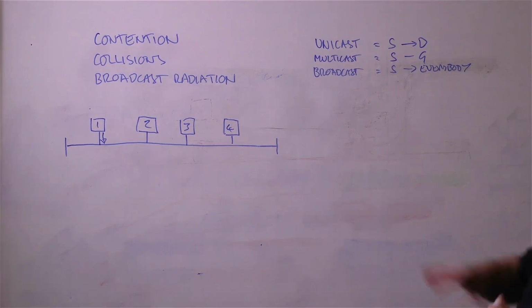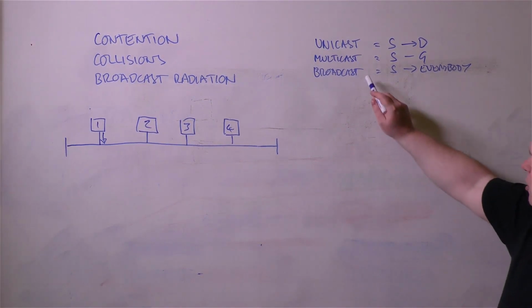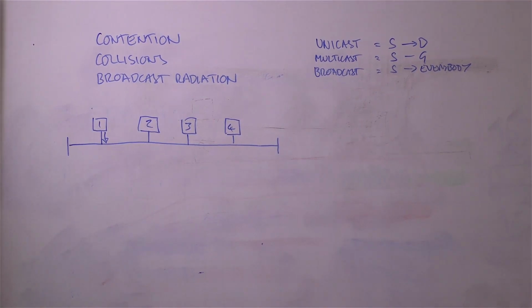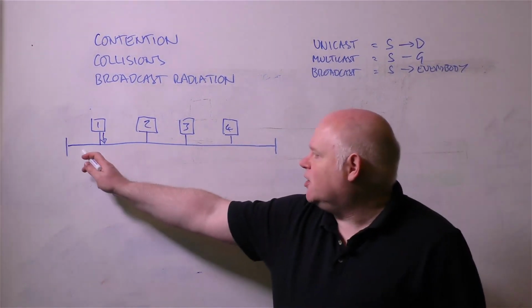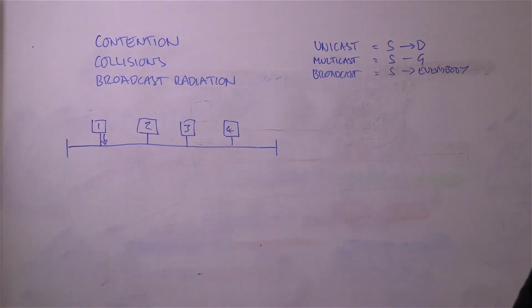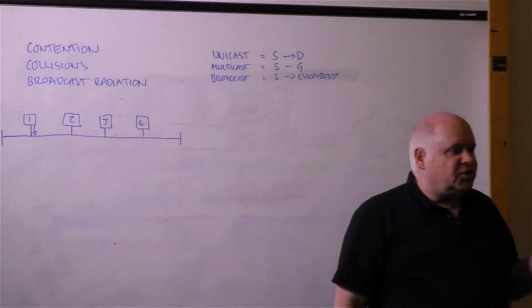So why do this kind of broadcast thing if MAC addresses tell us who everyone is? There are some network services which in the early days evolved to take advantage of the fact that everyone was connected to the same segment. So say you had a network file server attached to a shared segment.